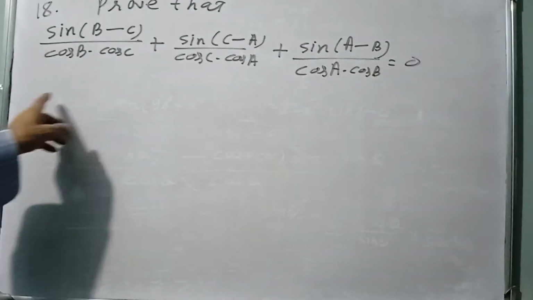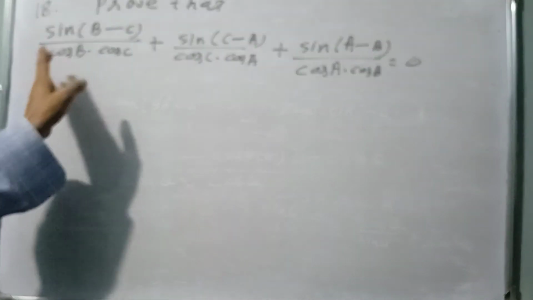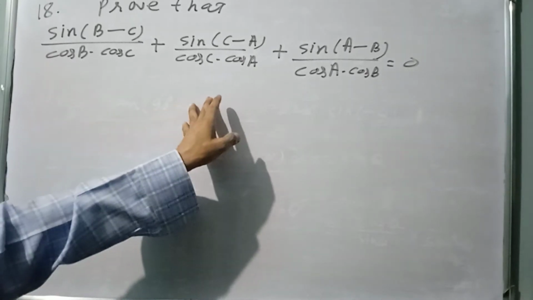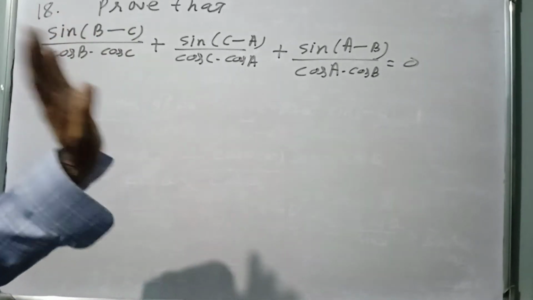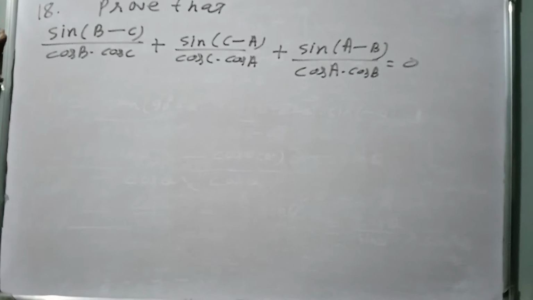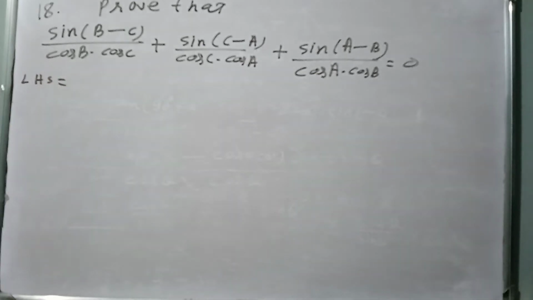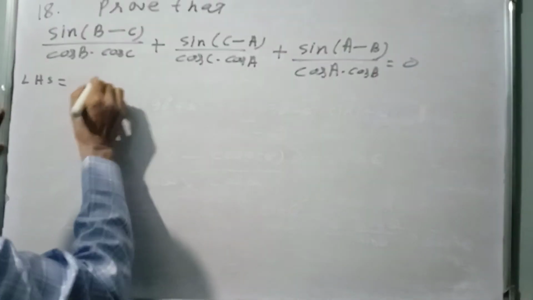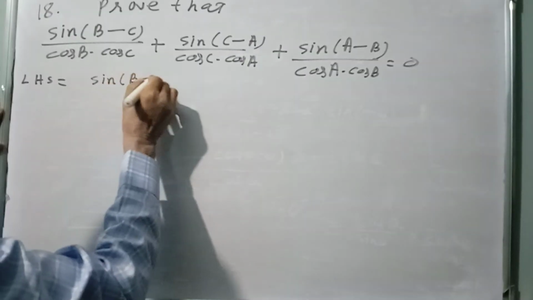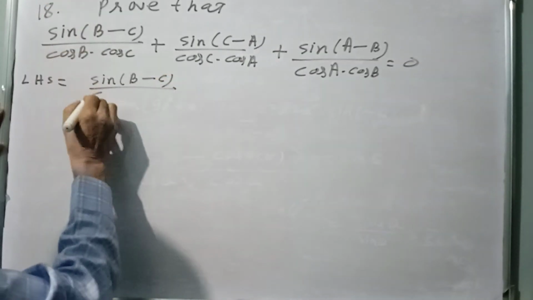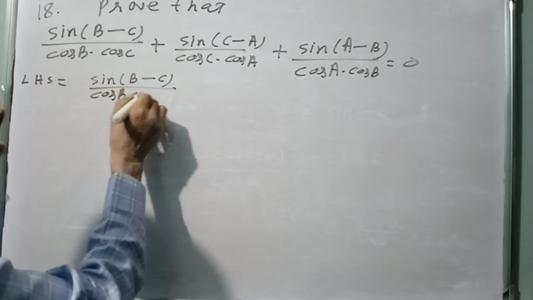For class 10, you can take LCM and use sin A cos B. But for class 9, it is better to use the compound angle formula. So for class 9, write down the left hand side. Write it all, sin(B minus C), write down as it is.